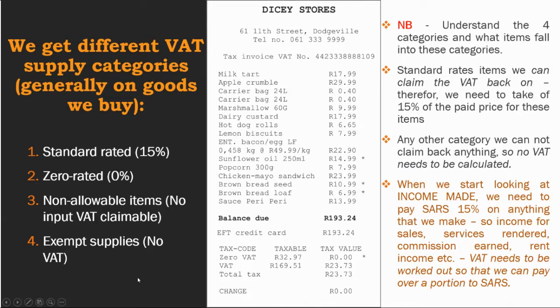Now, how it works is if I make income, and I'm registered for VAT, I have to put 15% on those items that I sell, and I have to pay that 15% over to SARS. But then what SARS says is because I'm creating taxable supplies, whatever I acquire in order to make those taxable supplies, I will also be able to claim the input VAT on it.